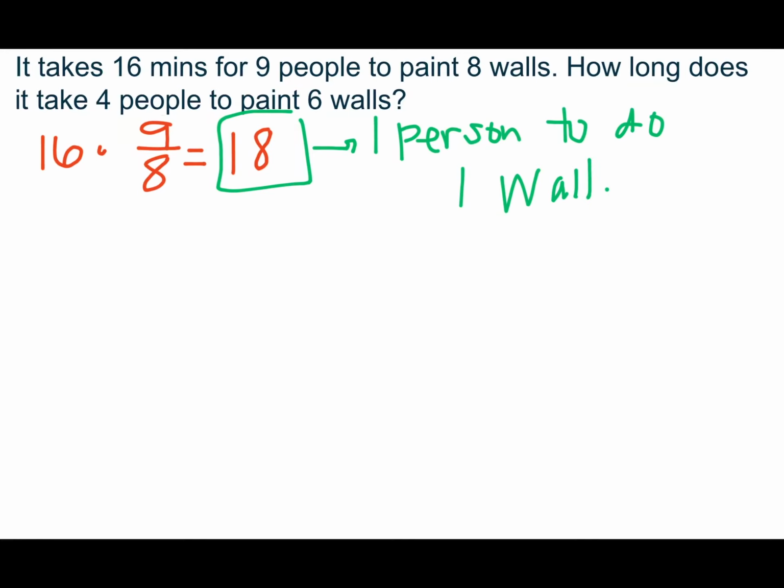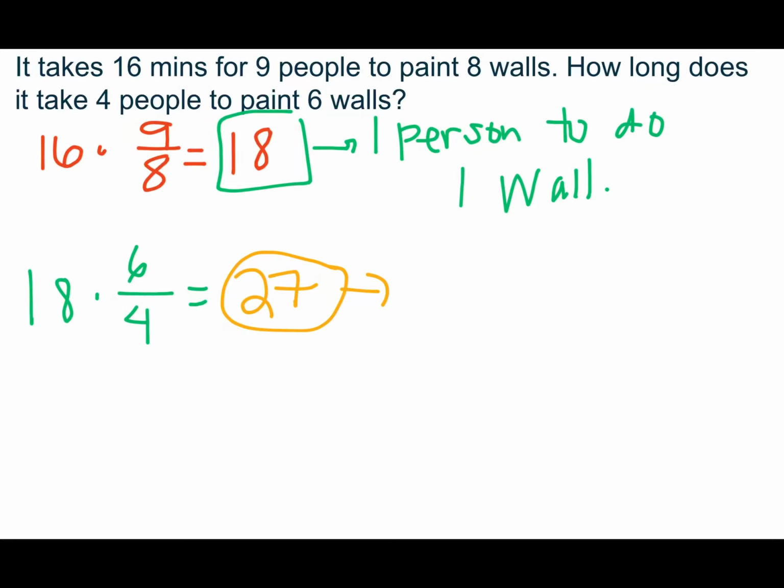And then we would take the 18 and multiply it by 6 divided by 4, and that will give us 27. And then 27 is how long it takes 4 people to do 6 walls.